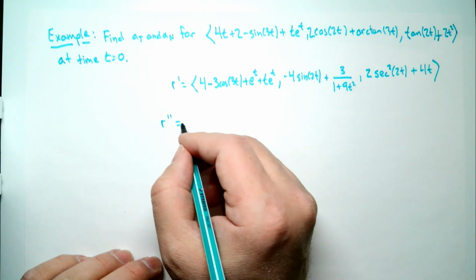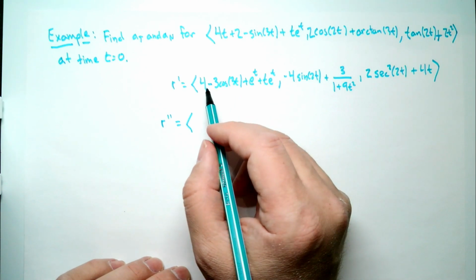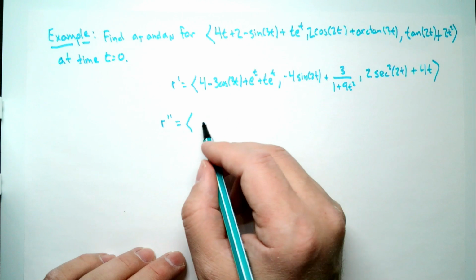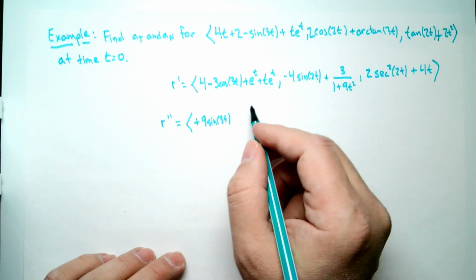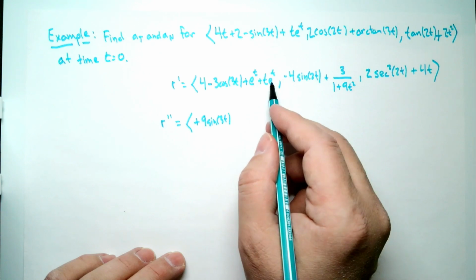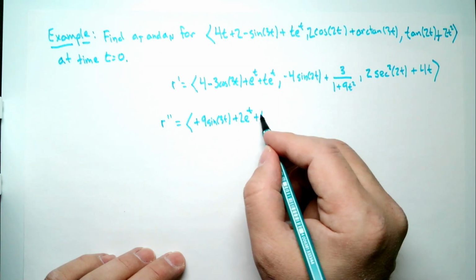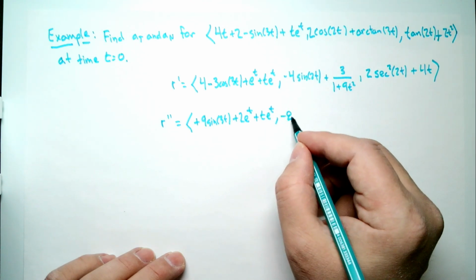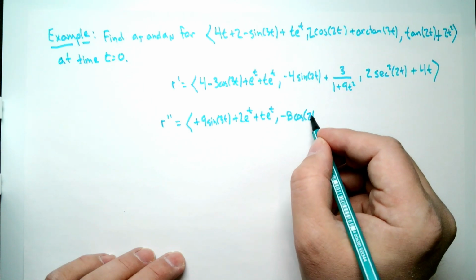R double prime. What would that be? Well, taking the derivatives, 0 goes away. Derivative of cosine, negative sine. So this becomes plus 9 sine 3t. Then we have an e to the t. We're going to get another e to the t, so that's plus 2 e to the t plus t e to the t. Here we're going to get minus 8 cosine of 2t.